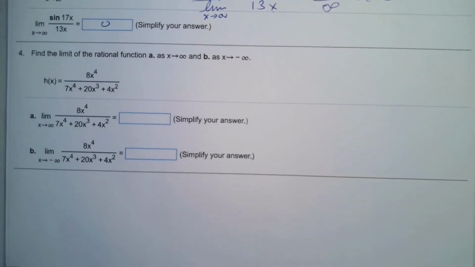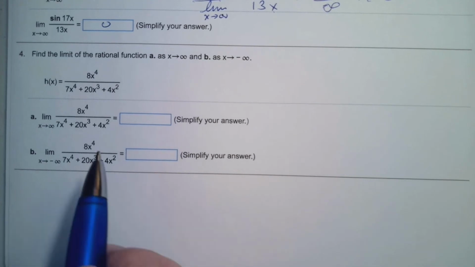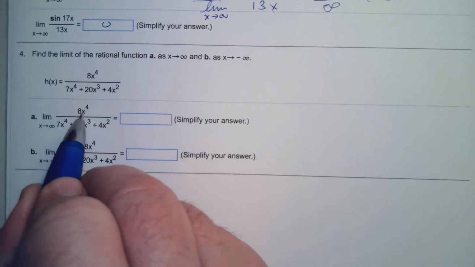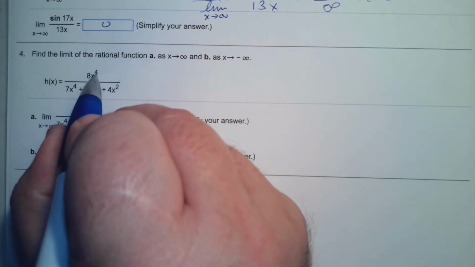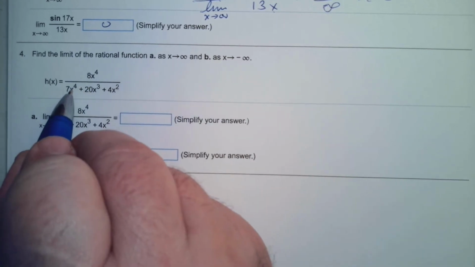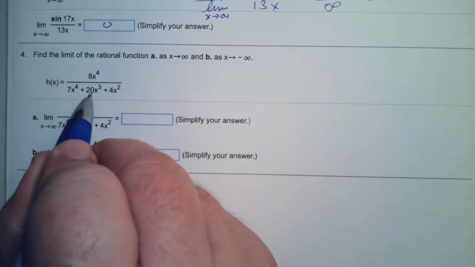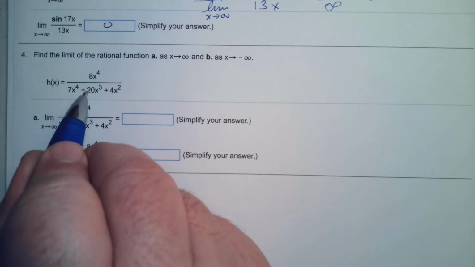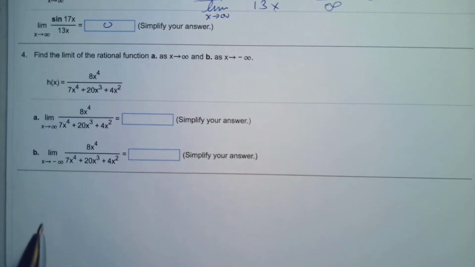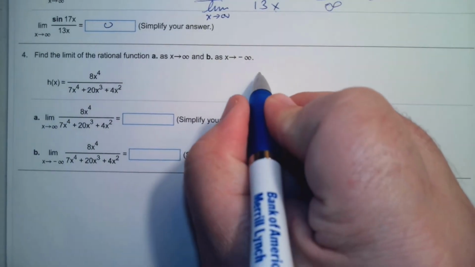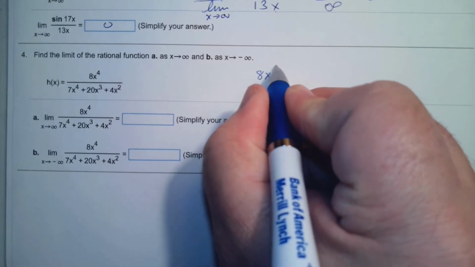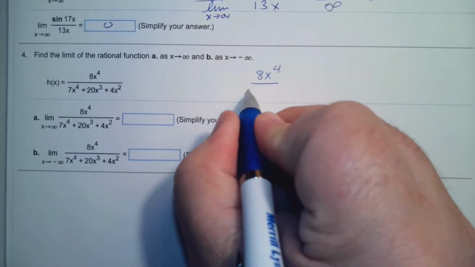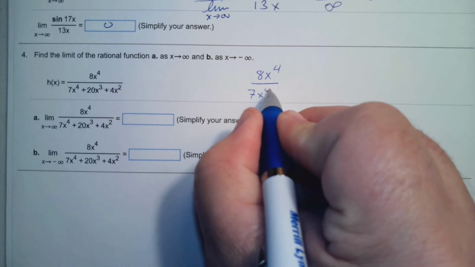Okay, similarly, in algebra we look at the leading terms, because as x gets bigger, it's the leading terms that dictate what happens in the function, so we don't really look at the others. What our function really looks like is this.